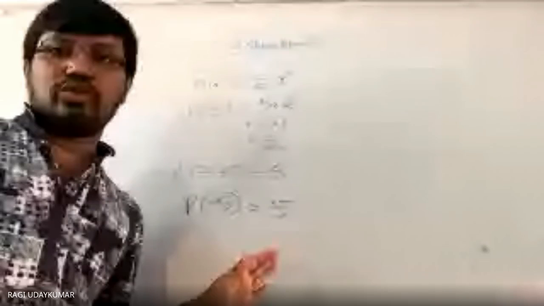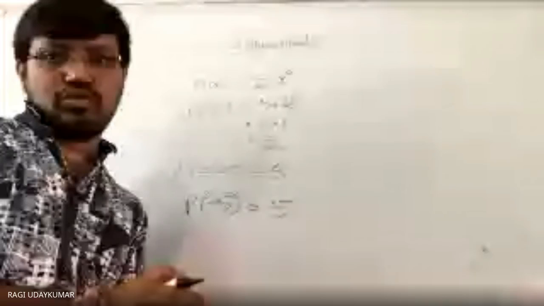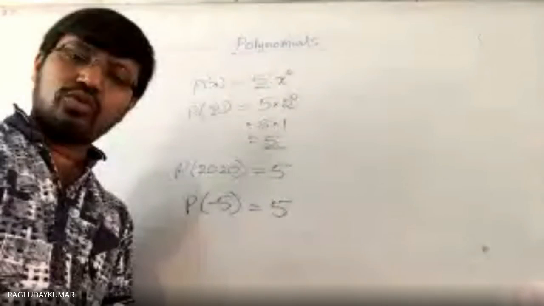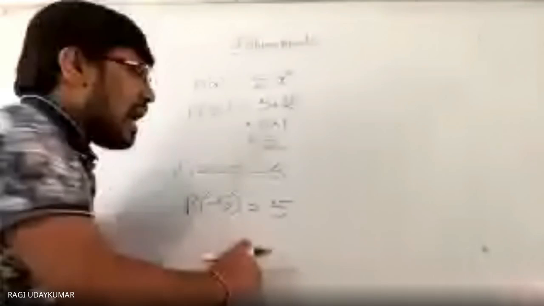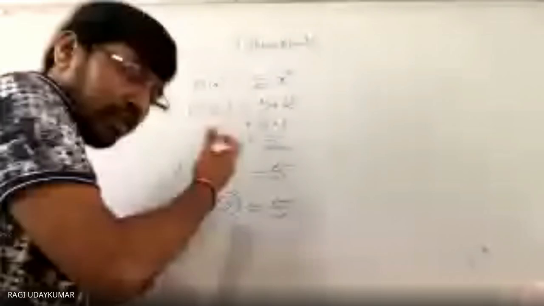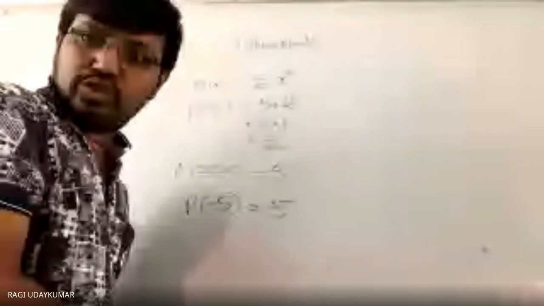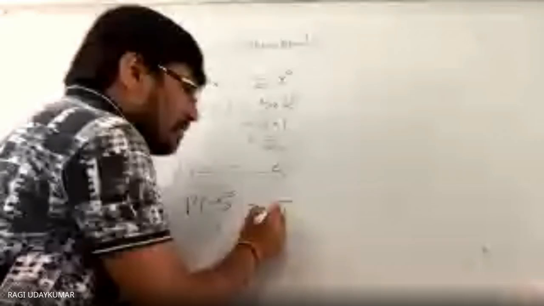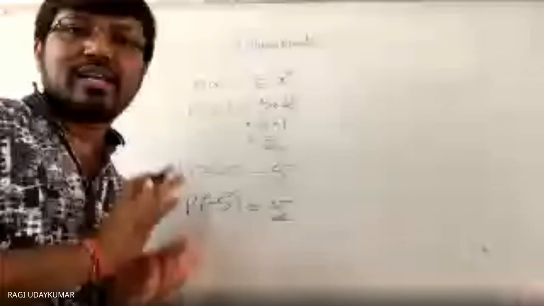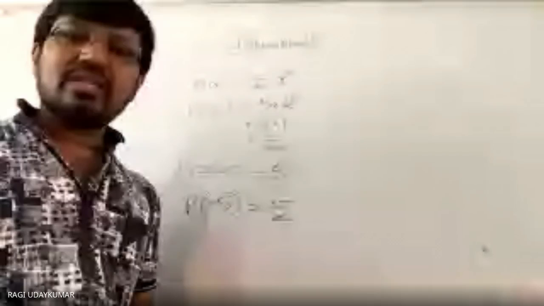There are no zeros for the non-zero constant polynomial. समझ में आया? हमको value 0 आना है, but value 0 नहीं आ रहा है. So we are not getting the value 0, which is nothing but there are no zeros for the non-zero constant polynomial.